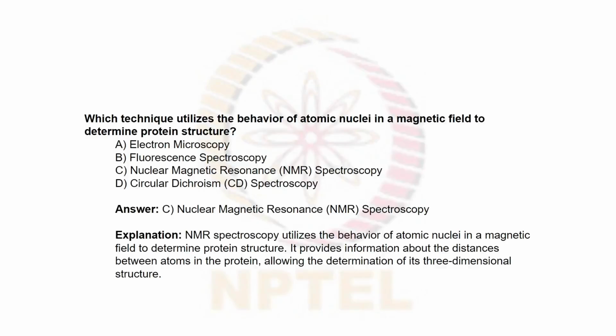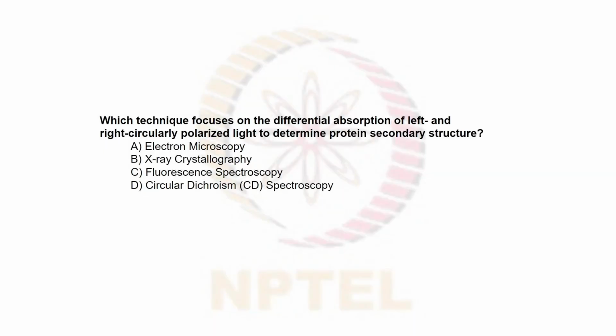So it is NMR spectroscopy. NMR spectroscopy utilizes the behavior of atomic nuclei in a magnetic field to determine the protein structure. Which technique focuses on differential absorption of left and right circularly polarized light to determine protein secondary structure?